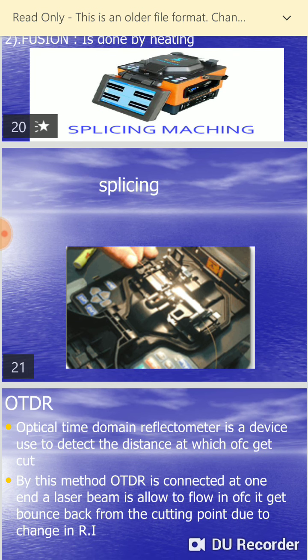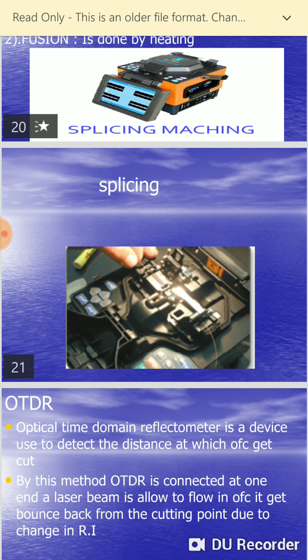Then next, optical time domain reflectometer. That is a device used to detect the distance at which the OFC is cut. The signal is transmitted. By this method OTDR is connected at one end and a laser beam is allowed to flow in the OFC.